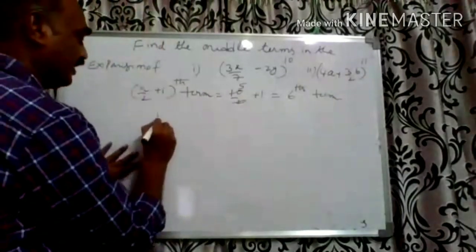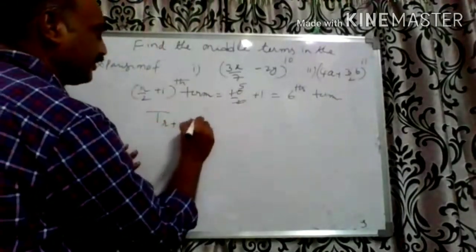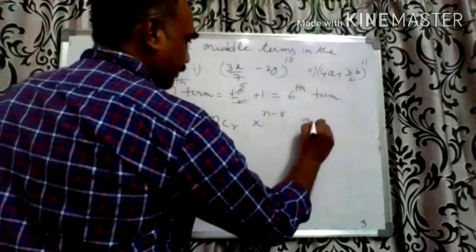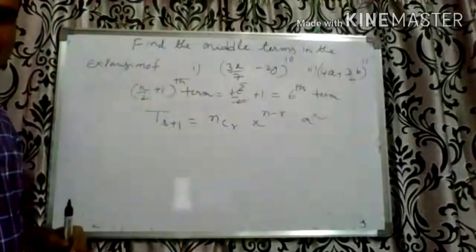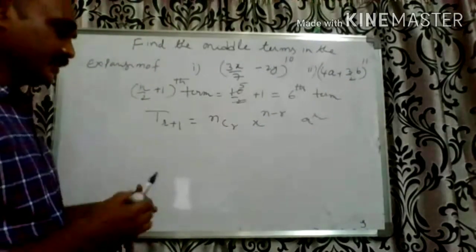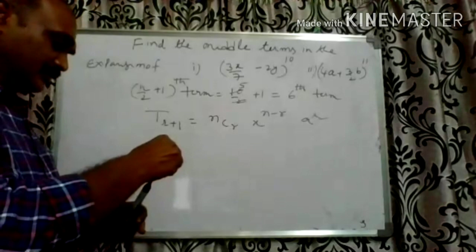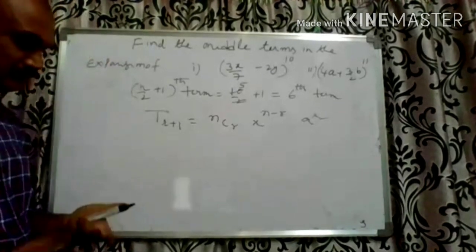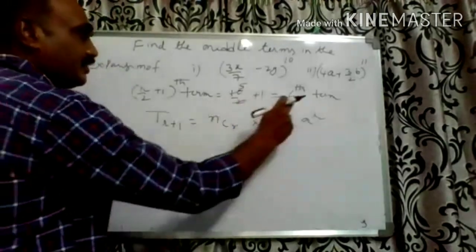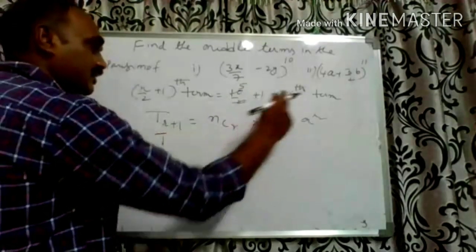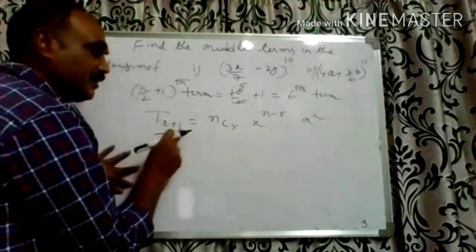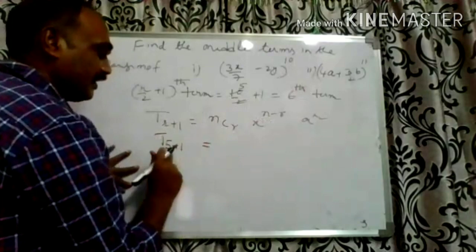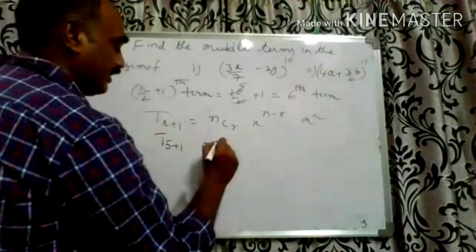The general term is T r plus 1, equal to nCr into x power n minus r into a power r. For the sixth term, T 5 plus 1, so r is equal to 5 and n is equal to 10.